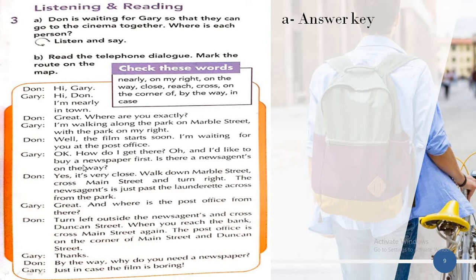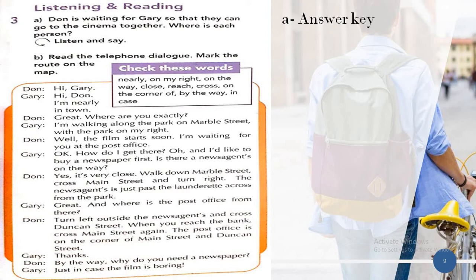Gary: Oh, and I would like to buy a newspaper first. Is there a newsagent on the way? Don: Yes, it's very close. Walk down Marble Street, cross Main Street and turn right. The newsagent is just past the laundrette across from the park. Gary: Great.